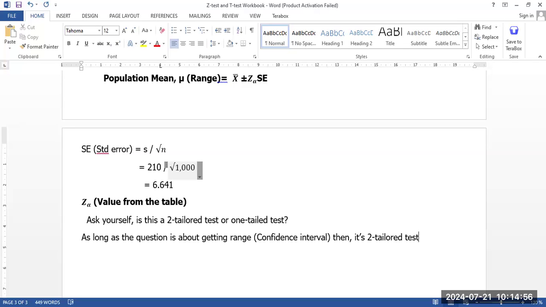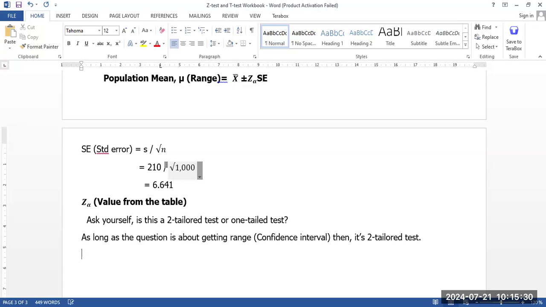That is number one. Daniel, that is number one so far. Are we together? Every time, try to understand when we are supposed to apply two-tailed and when one-tailed. Condition number one is, as long as the question is about getting range or confidence interval, automatically that is a two-tailed test.